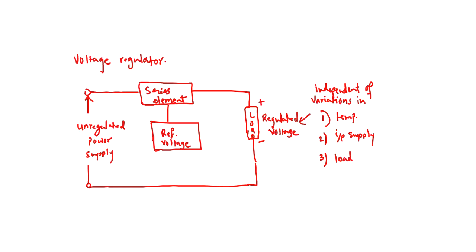So whatever fluctuation, noise, or disturbance comes, that may alter your load current, temperature, or the AC line, you will have the constant output voltage across the load.